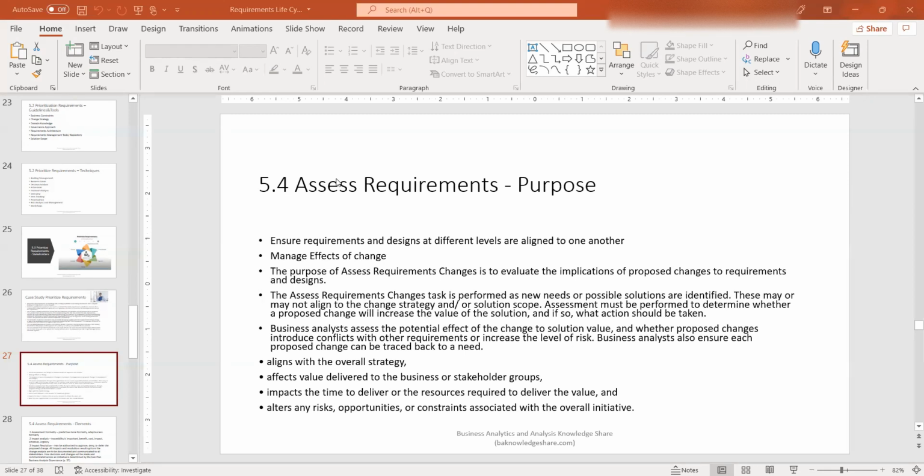And so you want to make sure that the requirements align with the overall strategy, whether it affects the value delivered to the business or the stakeholder groups, whether it impacts the time to deliver or the resources required to deliver the value, or whether it alters any risks, opportunities, or constraints associated with the overall initiative.